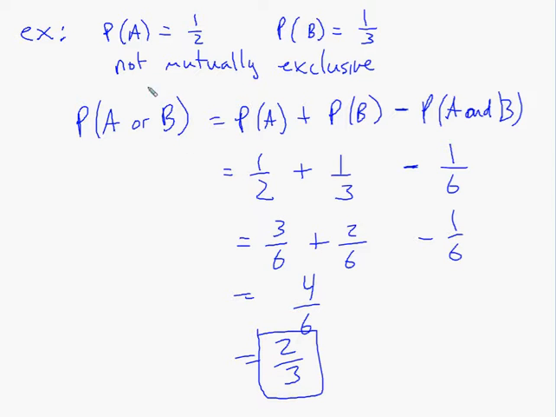Now we can do this with decimals. So maybe the probability of event A is 0.1, and maybe the probability of event B is 0.15. And again, let's say they're not mutually exclusive.